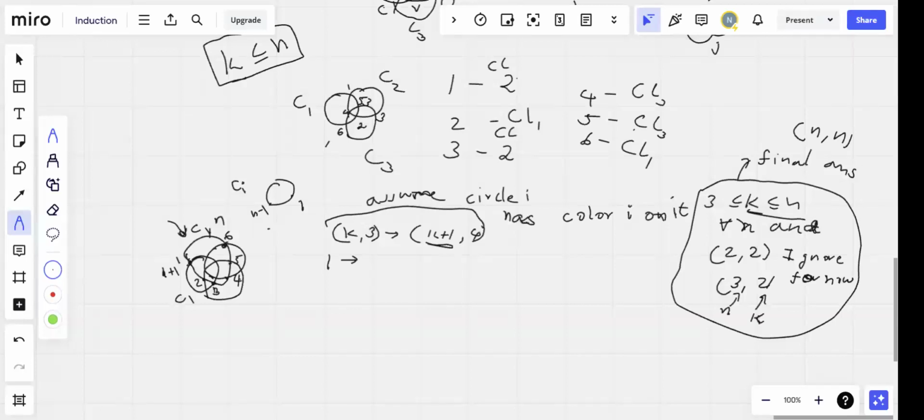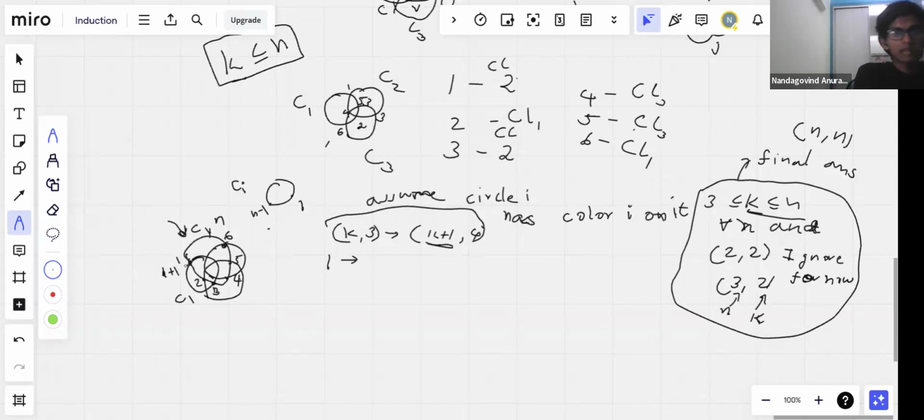Okay, you need to be stricter on the constraint. Not to spend too much time on it, the idea goes like this. It's very similar to the first idea: you color the first intersection point with color n plus 1. So circle n plus 1 has color n plus 1 on it. In fact, it has the color n plus 1 on it n times.